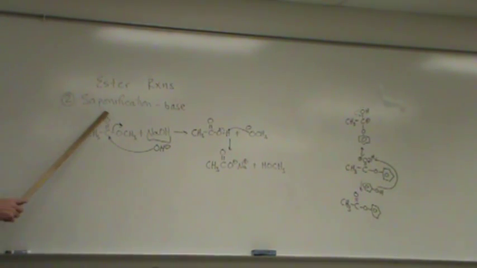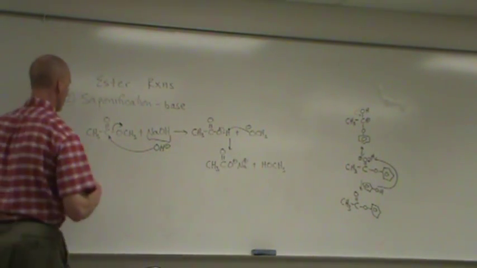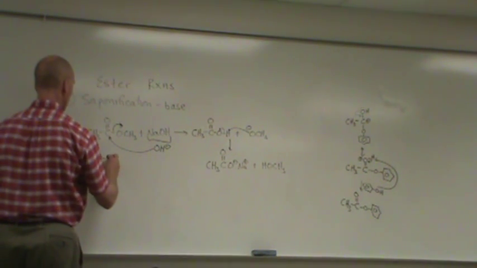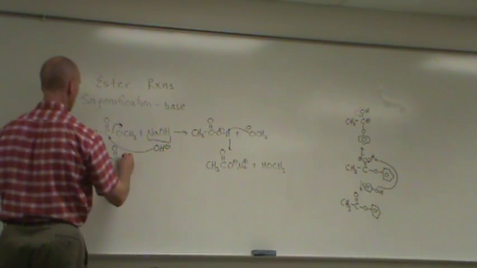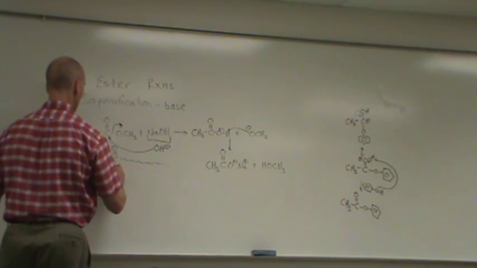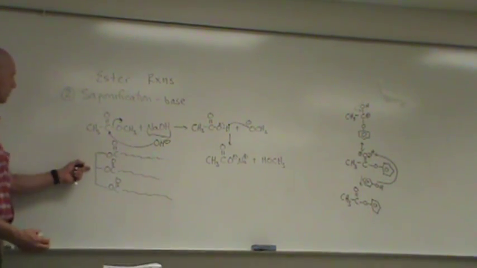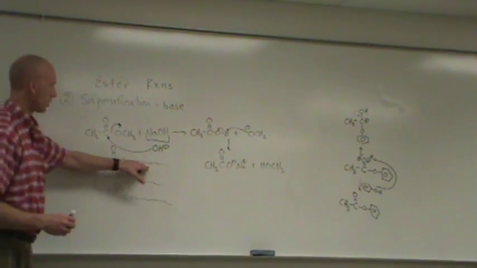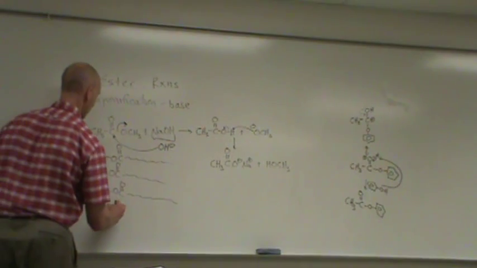The reason that it's saponification is that if we did this reaction on a fat molecule, you might say, what's a fat molecule? Okay, a fat molecule is a triester molecule that has these long carbon tails. Okay? So this is the setup for a fat.